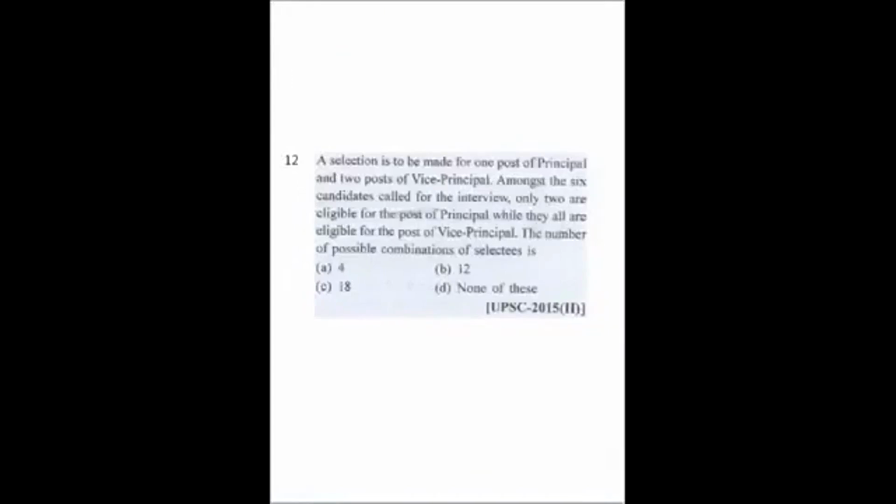The number of possible combinations of selectees is, so here 1 post of principal and 2 posts for vice principal, and there are 6 candidates, and out of 6 candidates 2 are eligible for the post of principal, so we have to take 2C1, and once we have taken 1, it's without replacement, so remaining are 5. So remaining are 5, so 5C2, because 2 we have to select for vice principalship.